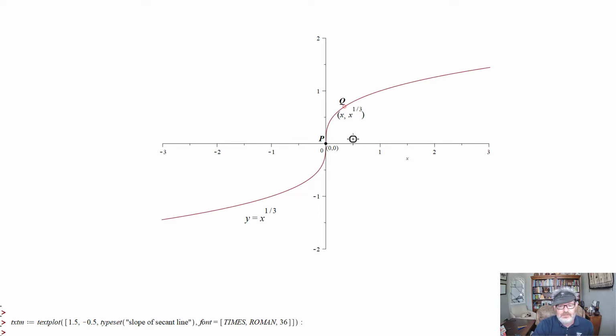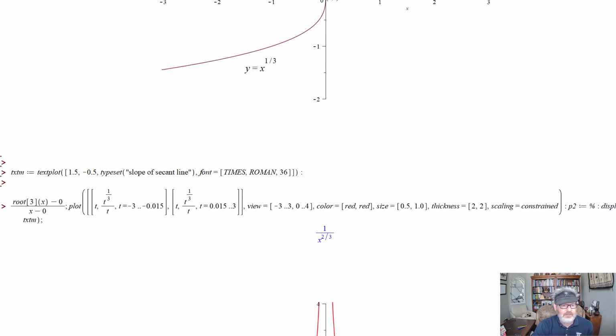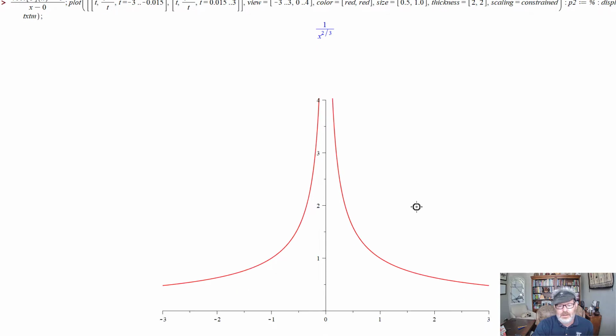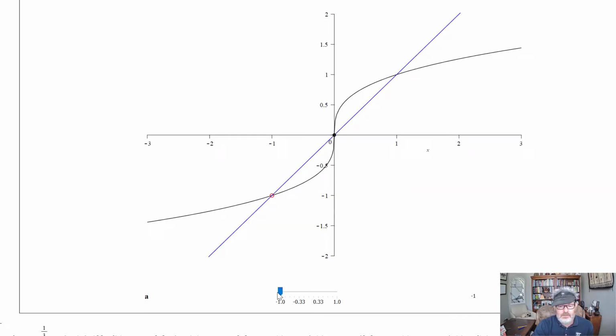The change in x is x minus 0, which is x. So I have x to the 1/3 divided by x, which is 1 over x to the 2/3. So here's x to the 1/3 minus 0 divided by x minus 0. It actually got simplified there. But cube root of x minus 0 over x minus 0 blows up.